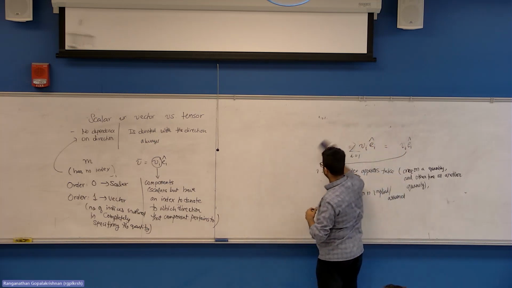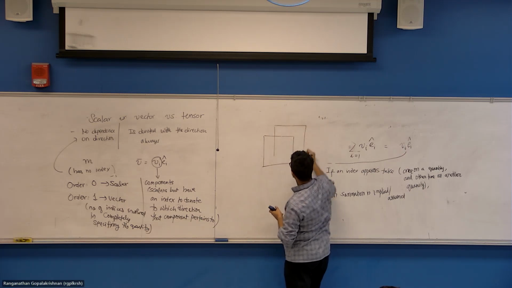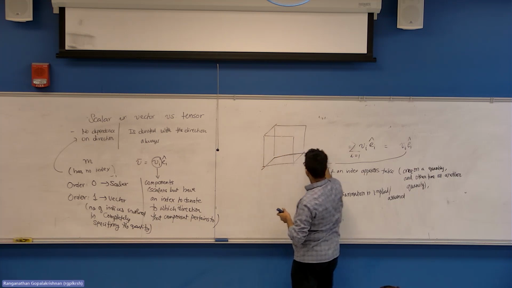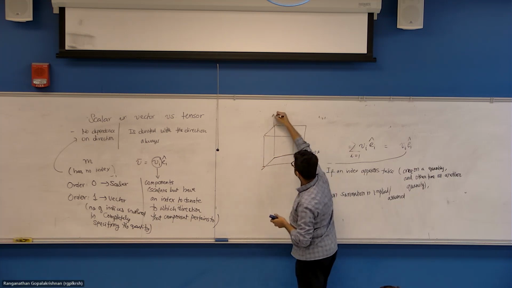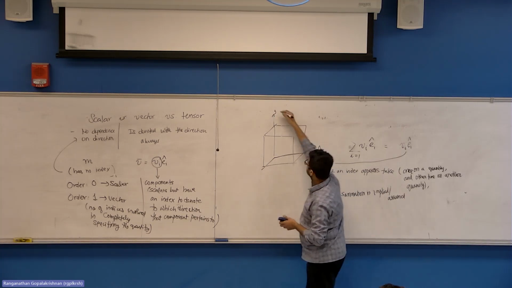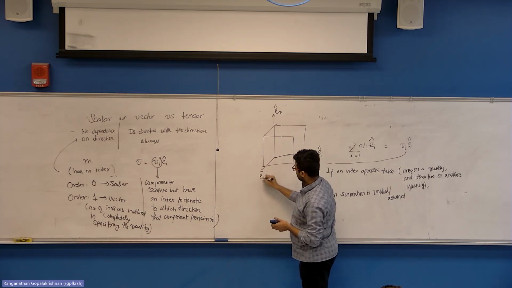So if you take a cube, like a material that is in the shape of, let's say, a cube, you know this familiar diagram. So let's say we'll call this X, call this Y, or sticking with our convention E1, E2, and E3.